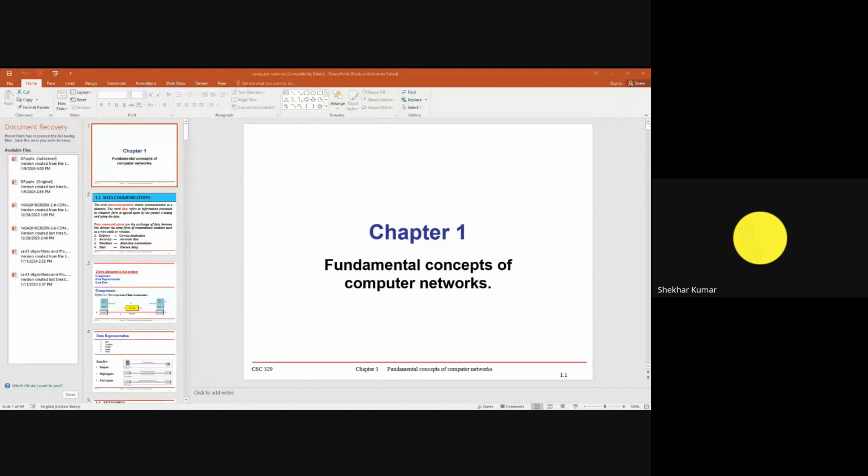So, with the invention of the computer network, when we started to communicate between nodes, from one computer to another computer, after that the computers became faster and very powerful.